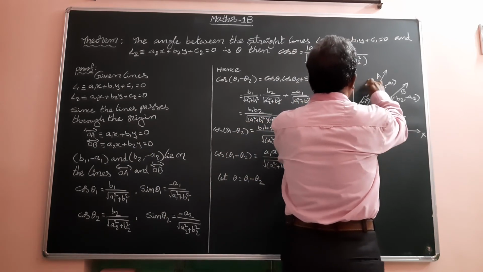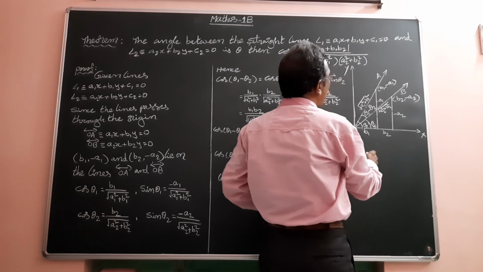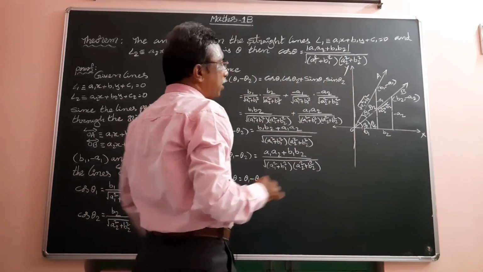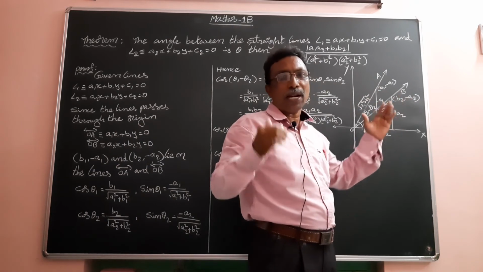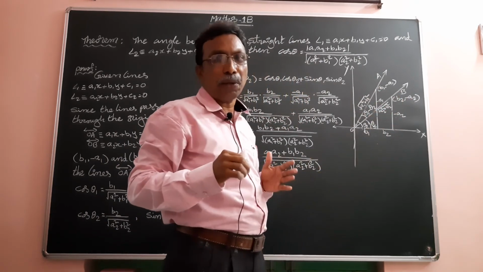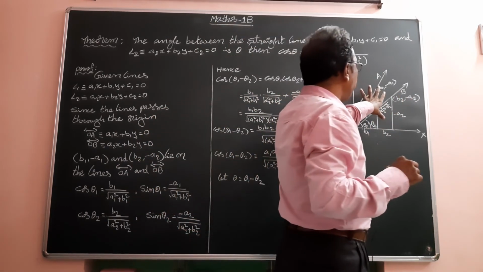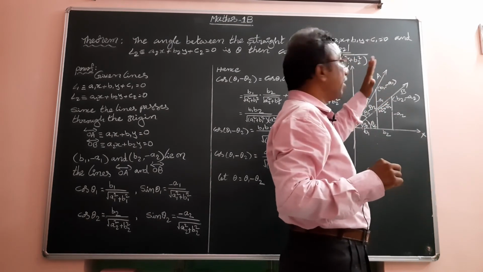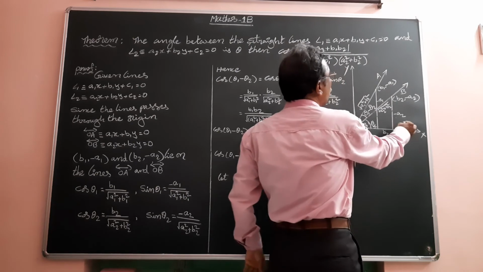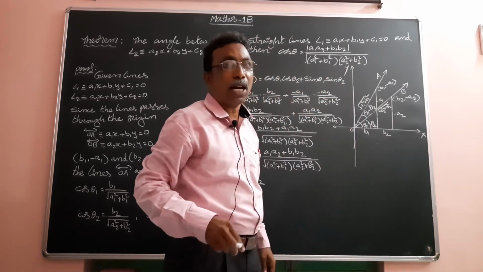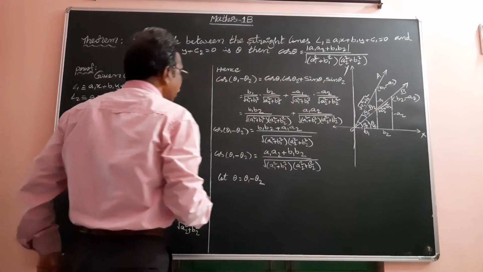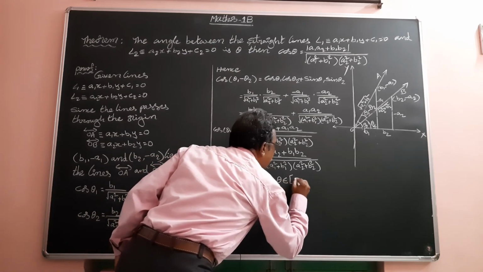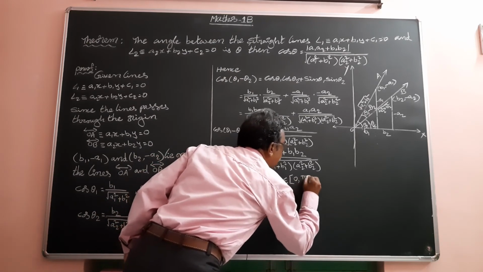First, second, third, fourth quadrant. This is the first quadrant, where all are positive. This angle is between 0 to 90 degrees, so theta belongs to the closed interval 0 to 90 degrees.